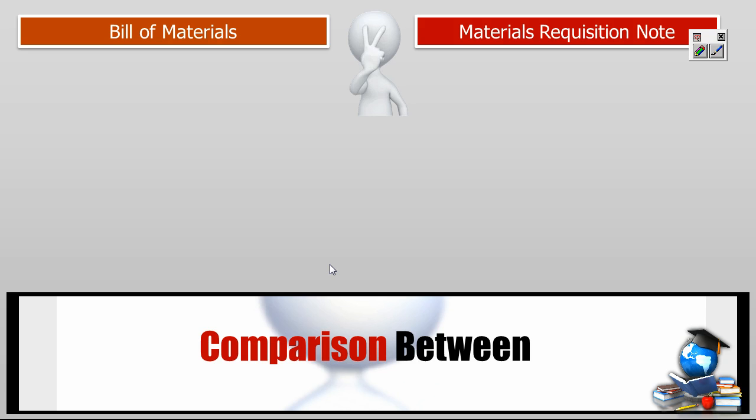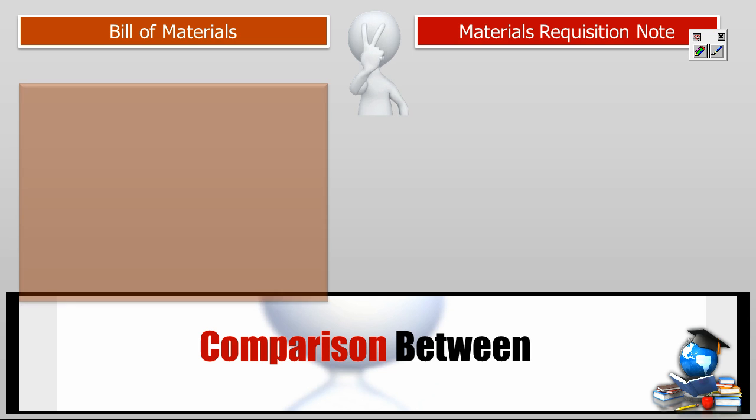Just imagine you have a vehicle, you have given it for service, and there are some spare parts which are not there, and the repair person will just draw the specific materials from the stores to repair this vehicle. That is called a material requisition note.